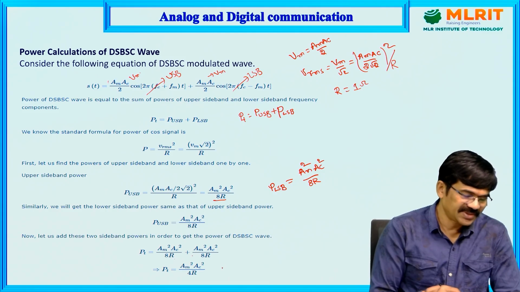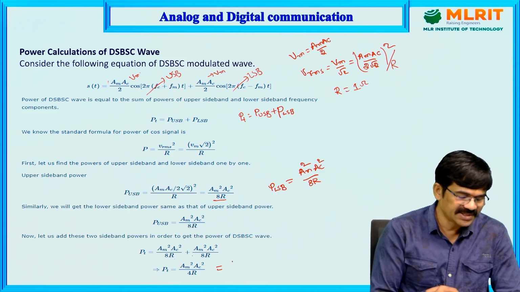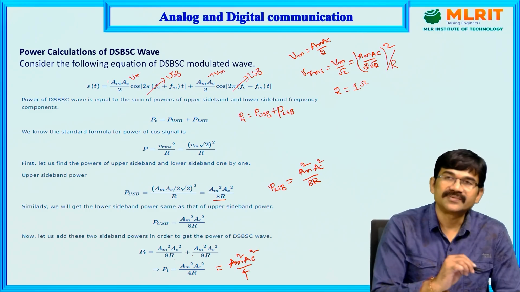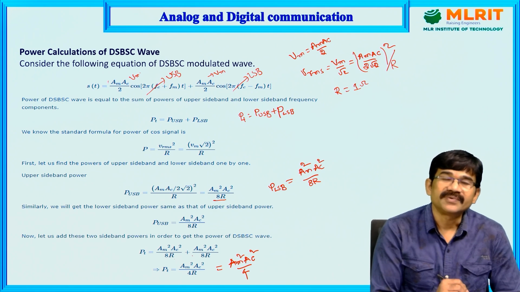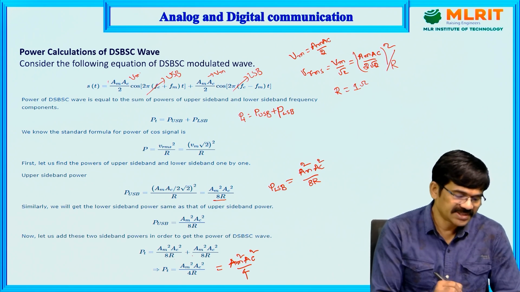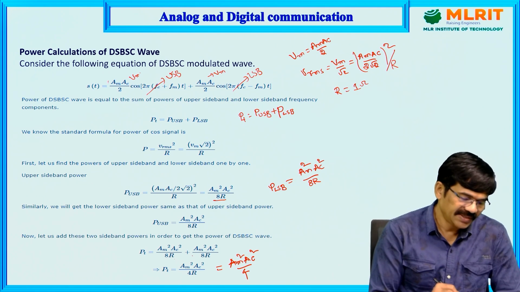So the final expression we get is Am square Ac square by 4R. So let us take Am square Ac square by 4. So R is equal to 1 means the power for the transmission of the DSBSC is Am square Ac square by 4.